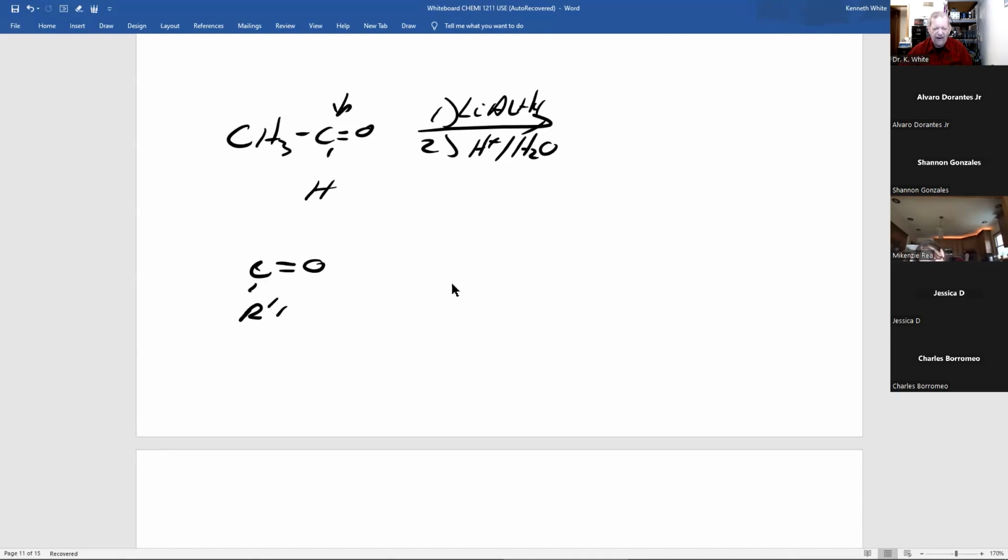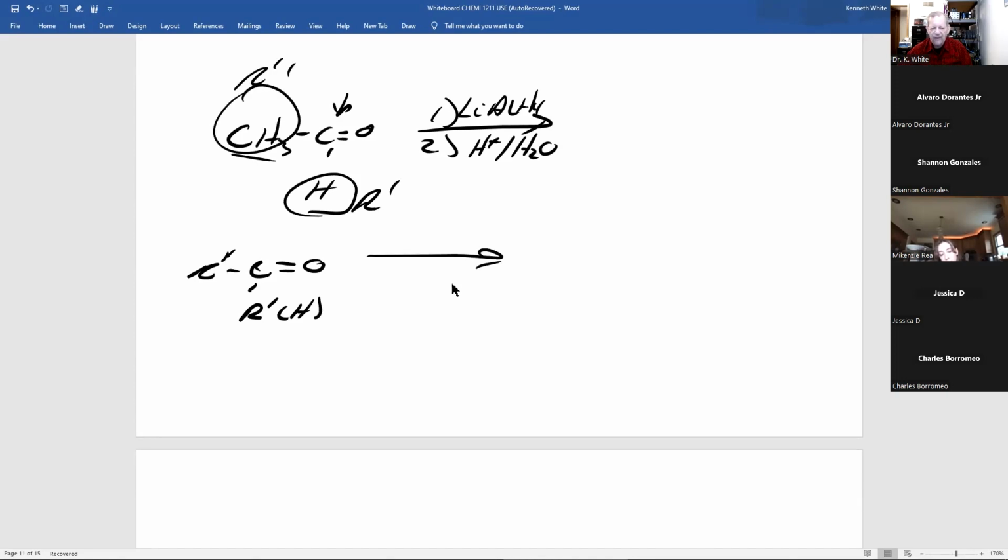I have R prime or hydrogen, R double prime, reacted with lithium aluminum hydride, second step, acid and water. And it's like hydrogenation, but only does carbonyls.